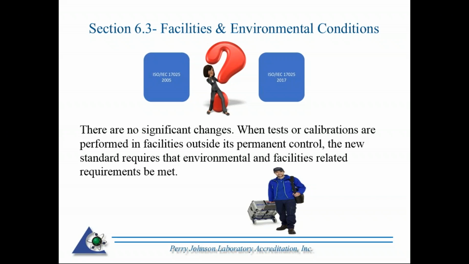The new standard requires that environmental and facilities-related requirements be met. We're going to drill down a little deeper as to exactly what that specifies, and go through all the requirements. Some of them are very much the same, if not worded exactly the same, as in the 2005 standard.